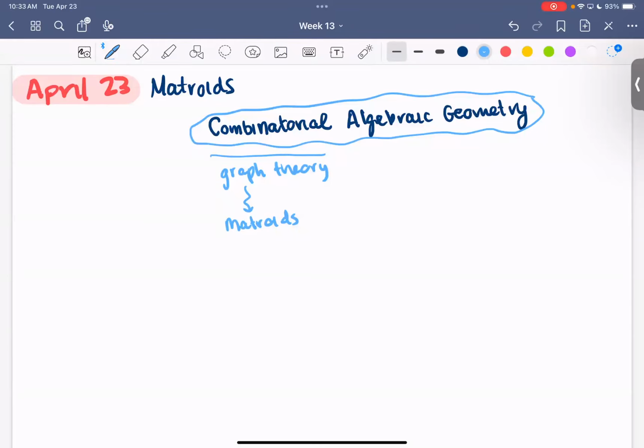I spend a lot of my time thinking about matroids and graphs a bit, but nowadays, whenever you do something for graphs, the immediate next step is to try and generalize it to the matroid setting. So today, we'll talk about matroids.